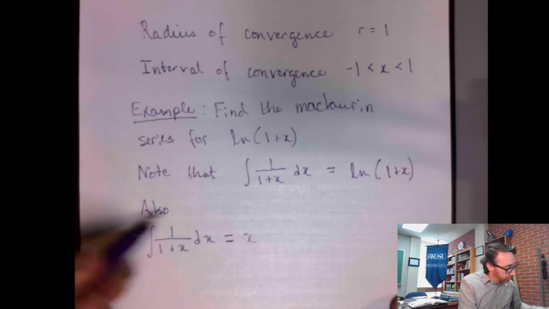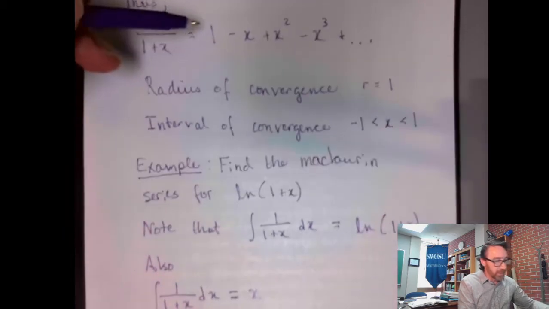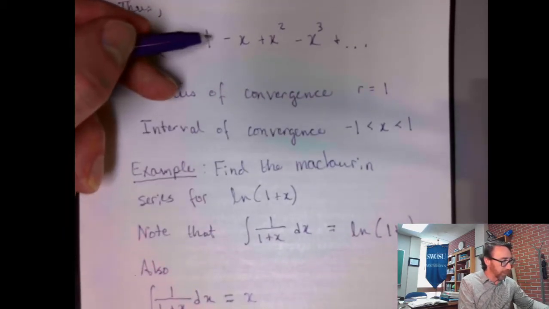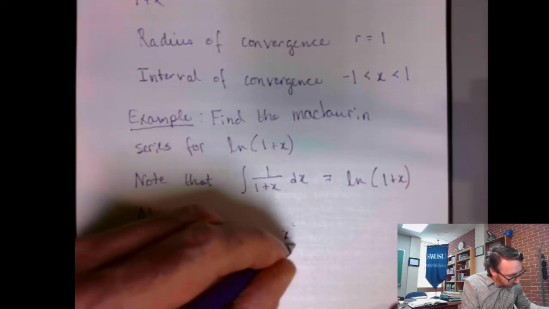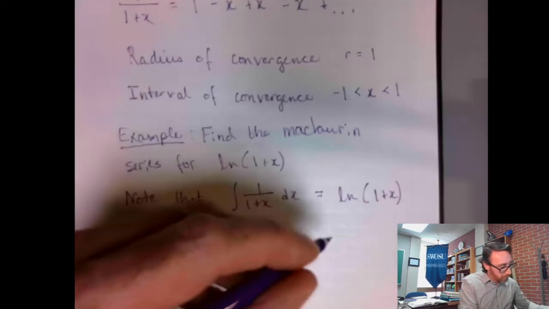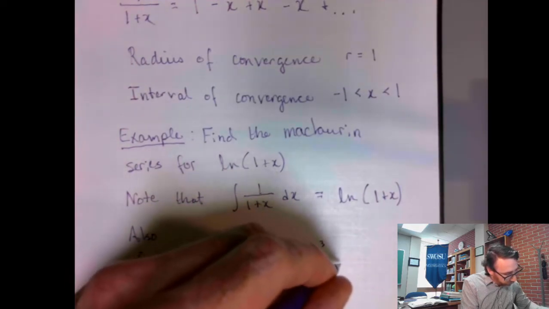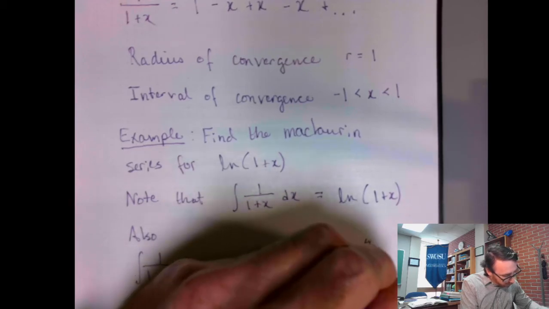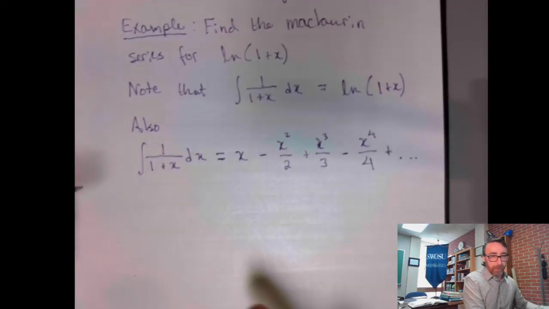So the antiderivative of this should have a series that's equal to the antiderivative of this series. Kind of makes sense. So integrate that, you get an x minus x squared over 2 plus x cubed over 3 minus x to the 4th over 4 plus dot dot dot. We would keep alternating like that forever.